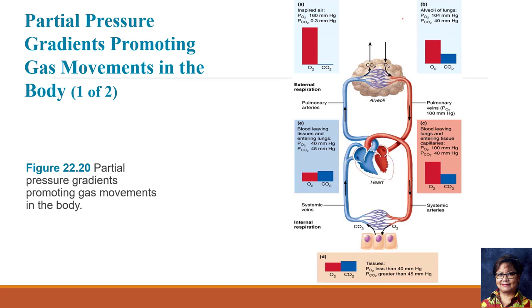So imagine the difference between 160 and 104. From the air outside to the air inside the lungs, oxygen really is going to be driven from 160 to 104 to diffuse into the lungs. Meanwhile, the difference in carbon dioxide between inspired air is 0.3 millimeters of mercury, and 40 millimeters of mercury pressure inside.